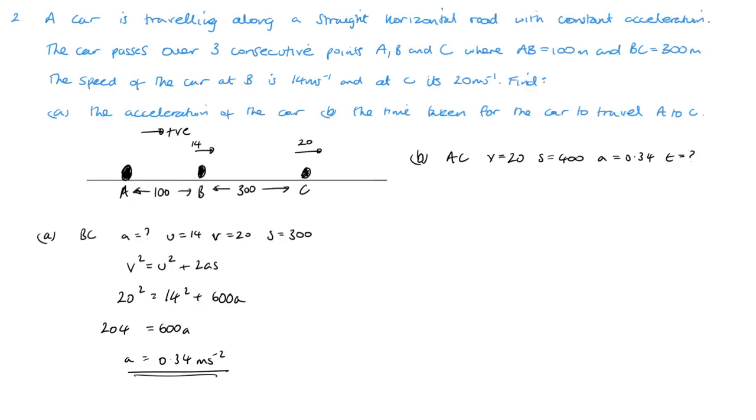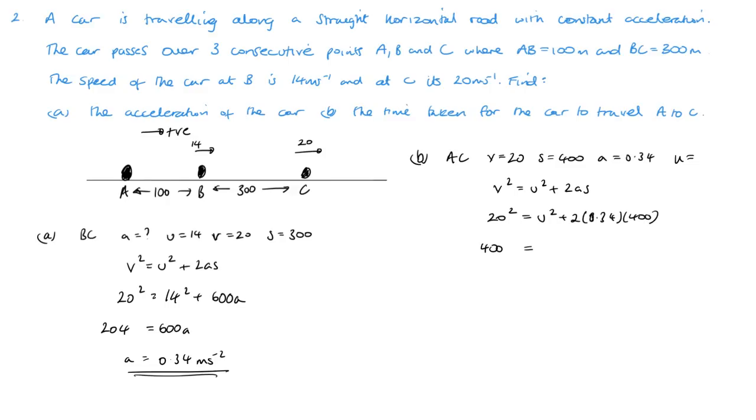So instead of working out t first of all, let's work out u. So now we're going to use v squared equals u squared plus 2as. So v is 20 squared, u squared we want to find, 2 times 0.34 times 400 there.